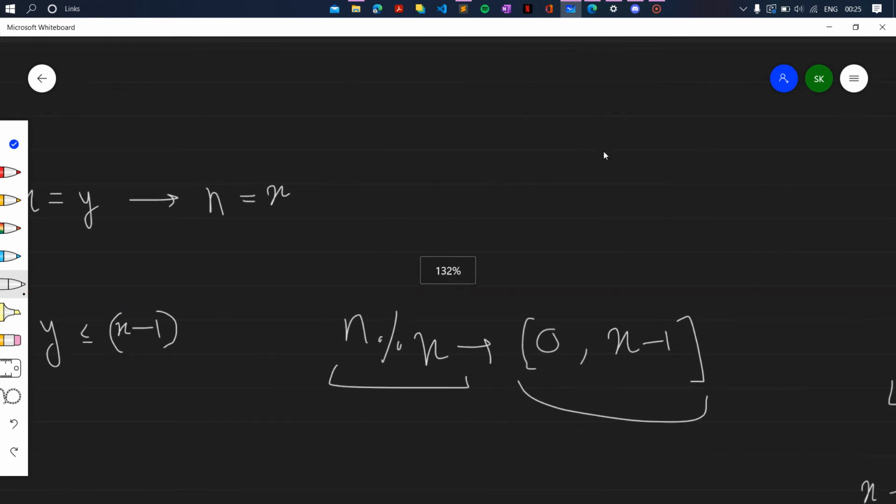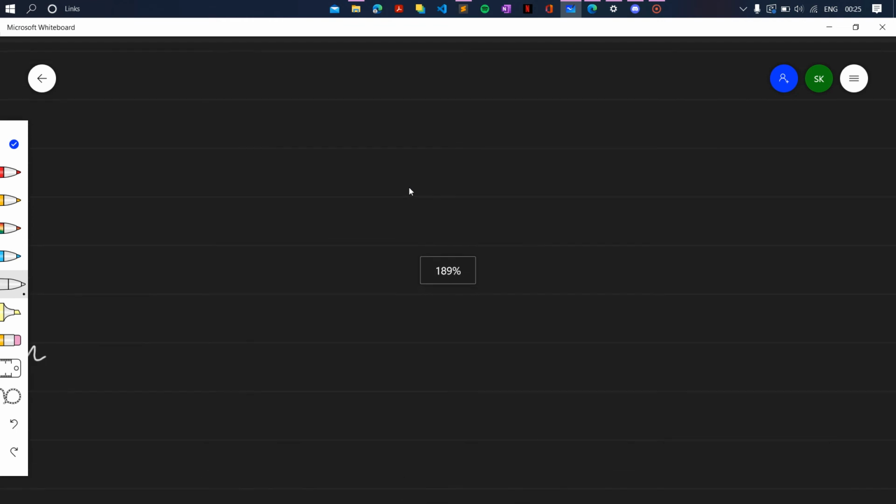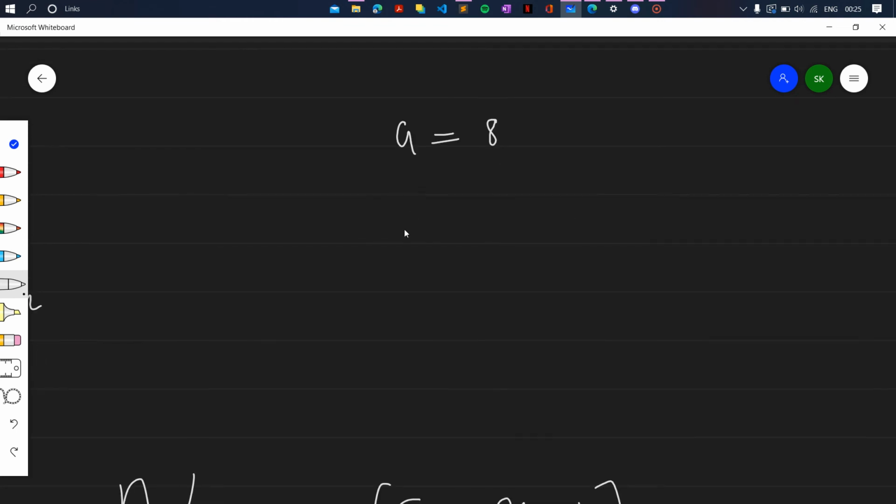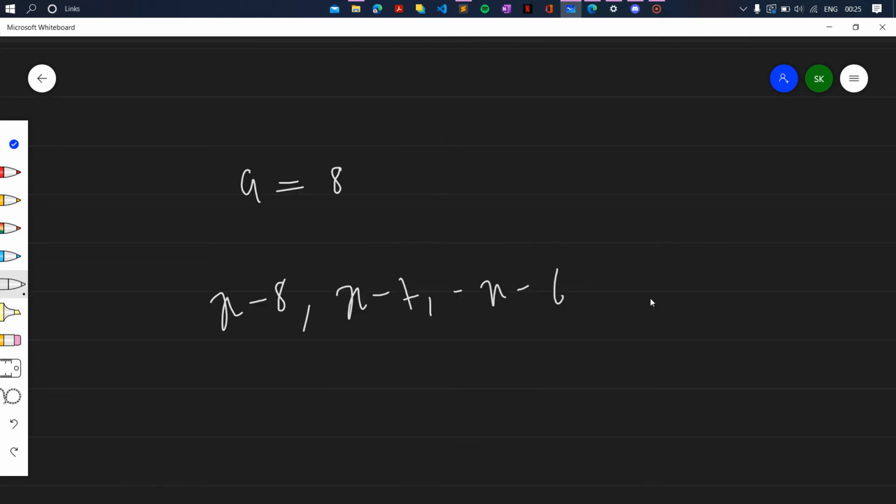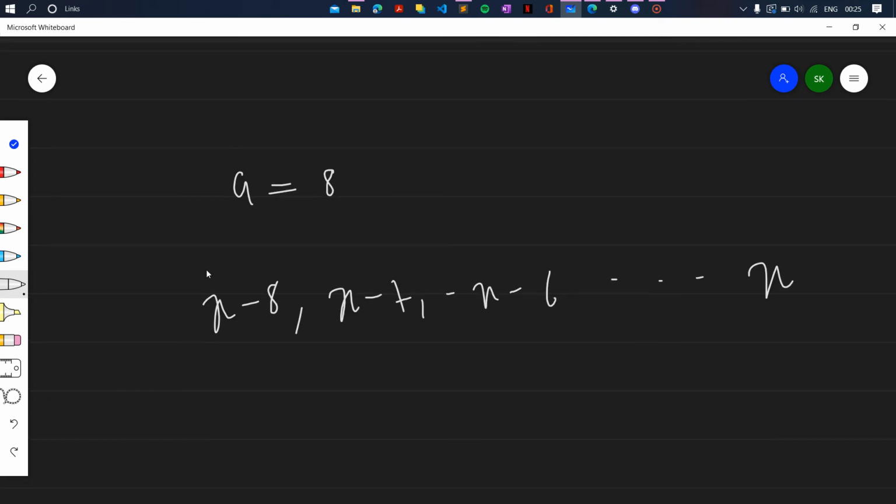If we take any number, let's say a is equal to 8, and take a series of numbers from x minus 8 till x minus 7, x minus 6, till x.